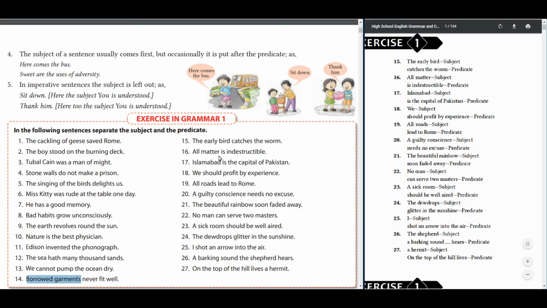All matter is indestructible. All matter, subject; is indestructible, predicate. Islamabad is the capital of Pakistan. Islamabad, subject; is the capital of Pakistan, predicate. We should profit by experience. We, subject; should profit by experience, predicate.